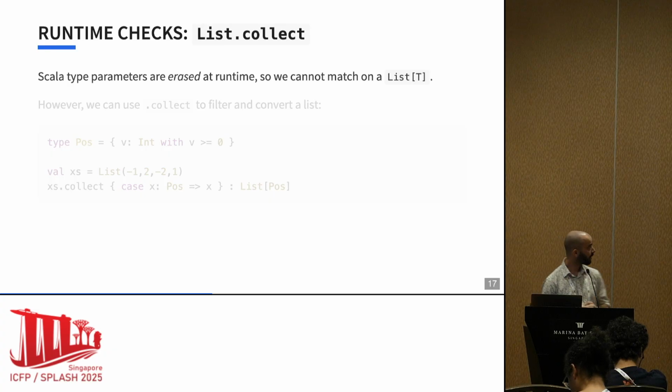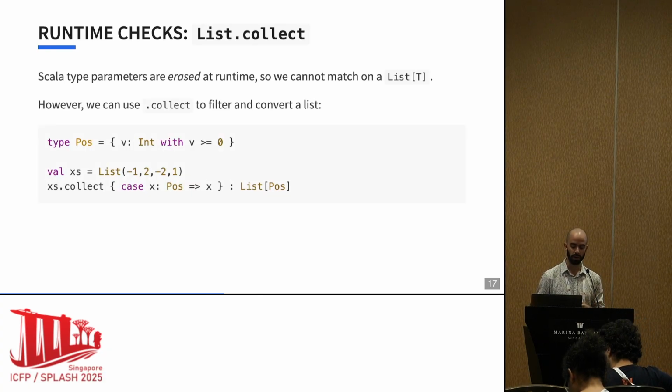Just a note, as you know in Scala, type parameters are erased, so we don't have access to them at runtime. So in the case of a list, for example, you cannot match on a list of something, whether it's a qualified type or not, that's true in general in Scala.